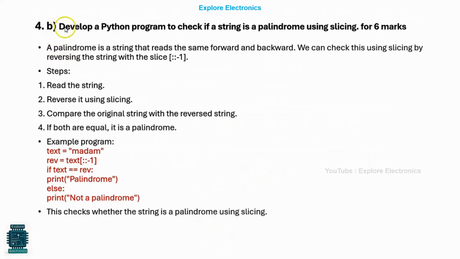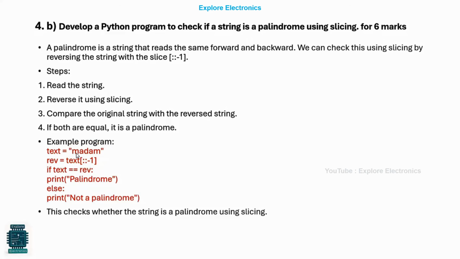And the next question is, develop a Python program to check if a string is a palindrome using slicing. This is asked for 6 marks. Let us see, a palindrome is a string that reads the same forward and backward. If I am reading forward, it is madam, and backward also it is madam.